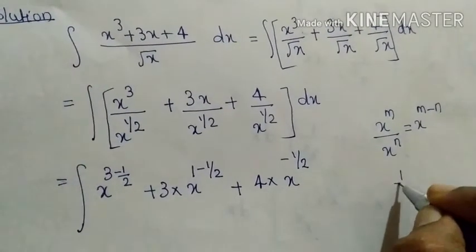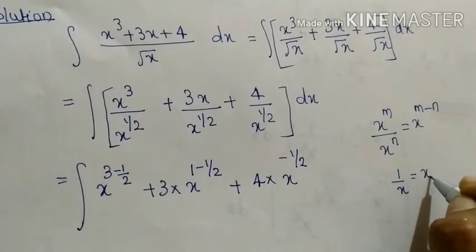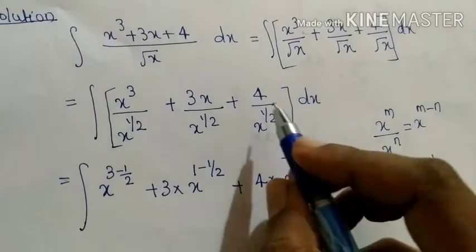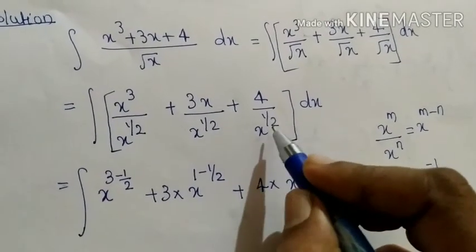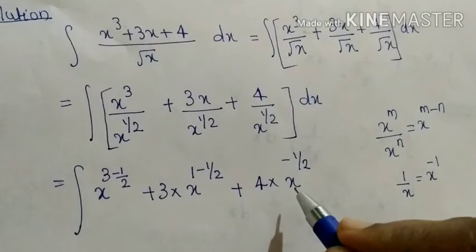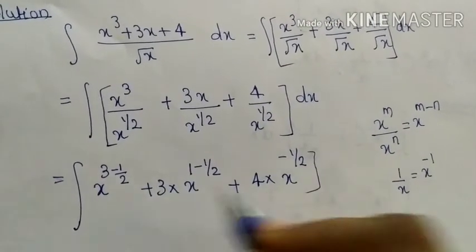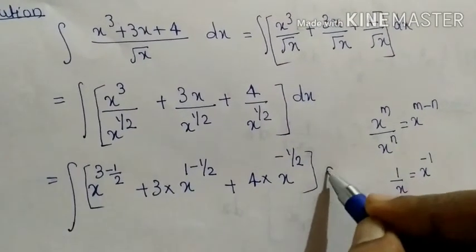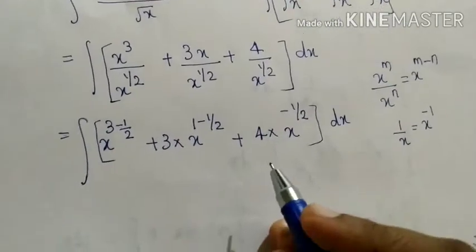We know that 1/x can also be written as x^(−1). So 1/x^(1/2) can also be written as x^(−1/2). Okay, dx.